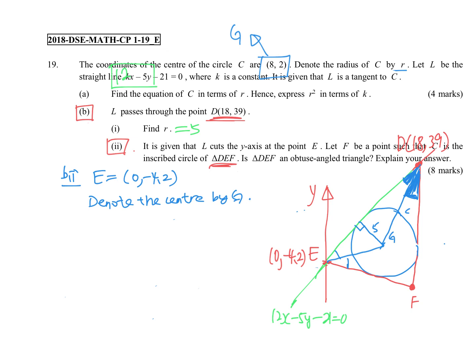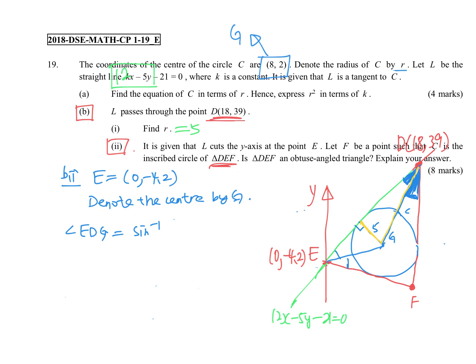And then we need angle EDG, which will be assigned. Why? Because here we know this side and this side, so opposite side over hypotenuse.